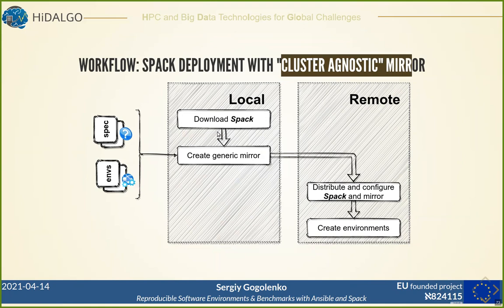We can download Spack locally, then create some generic mirror with some packages which are useful for the list of specs and environments interesting for us, and then distribute this mirror along with Spack to the remote hosts and configure Spack there. And finally, create environments which we want to use later on.